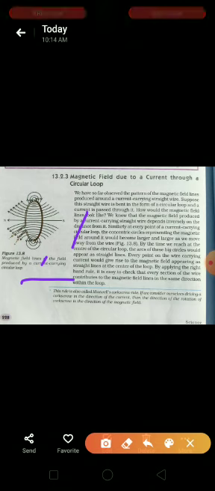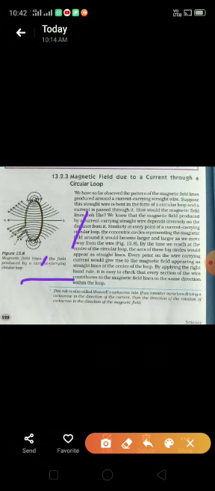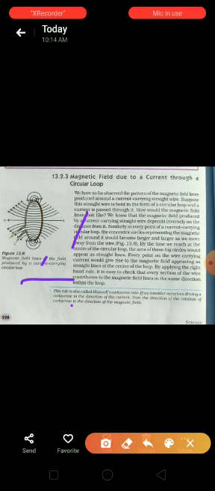The magnetic lines of force near the center of the coil are almost straight lines. A current carrying circular coil behaves like a thin disk magnet whose one face is the north pole and the other is a south pole. So this is a south pole and this is a north pole.